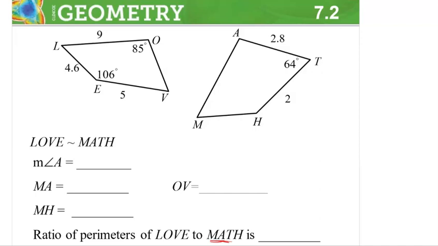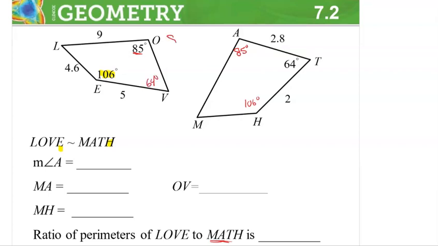So for this one, we can pretty much figure out the angles pretty easily. E is 106, and that corresponds to H. So because of that, I know that this is 106 degrees. O corresponds to A in the other shape, so this is 85 degrees. But then we're missing an angle, right? And then this is also 64 right here.